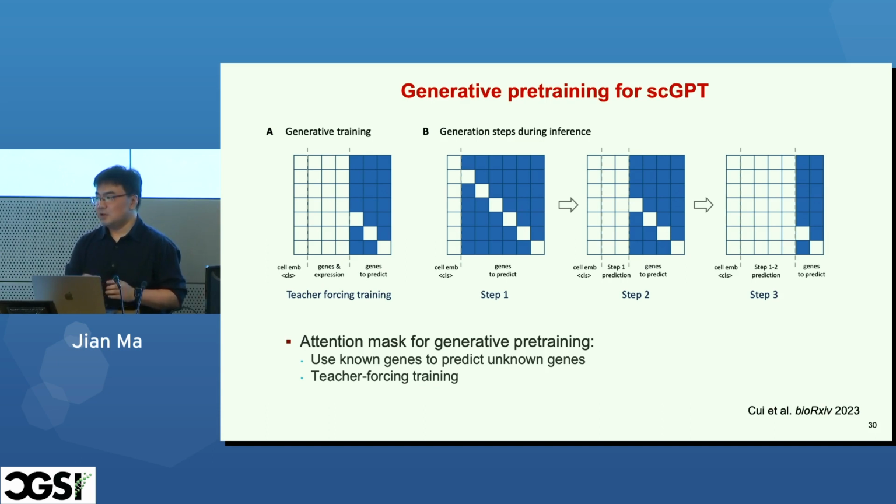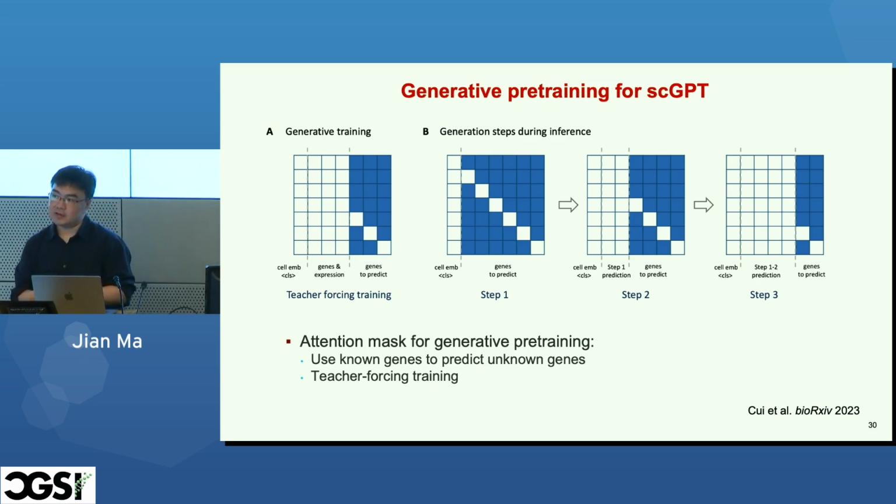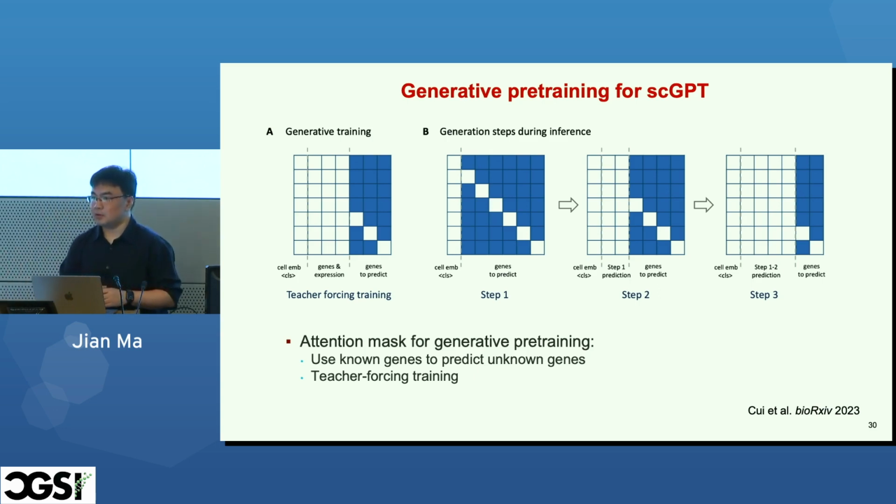You do this iteratively, so this will potentially capture some dependencies of the genes. The genes that you can predict with high confidence are added to your known gene list, and you gradually grow the list, training the model to learn the potential dependencies between these different genes.